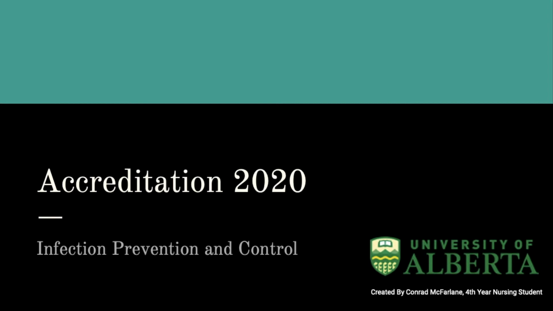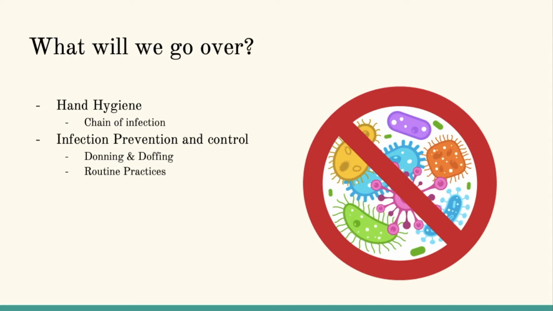This year their visit is mainly going to focus on infection prevention and control, so hopefully this will get you guys better prepared and more comfortable for their upcoming visit. Some things we're going to go over today will be hand hygiene and the chain of infection.